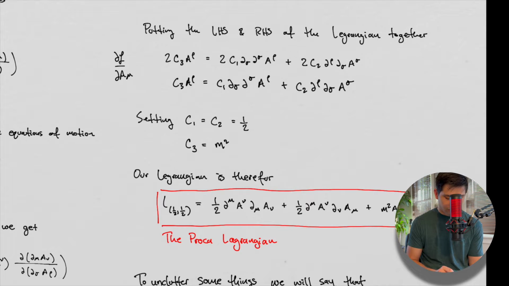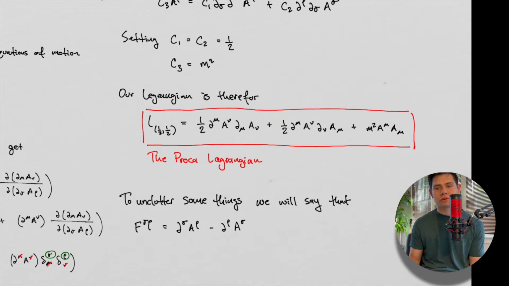All right, so we have this. We can divide both sides by 2. And then, again, these two guys are constants, so we set them to 1/2. We set C3 to m squared. Well, okay, that's the Proca Lagrangian.